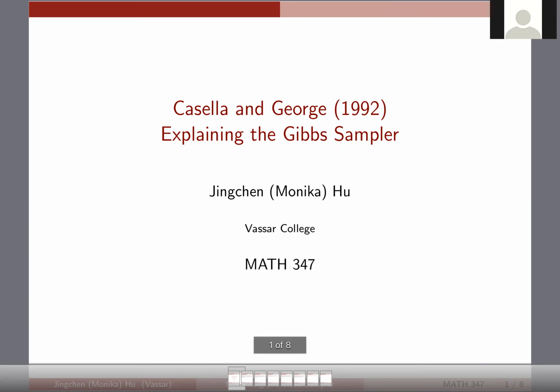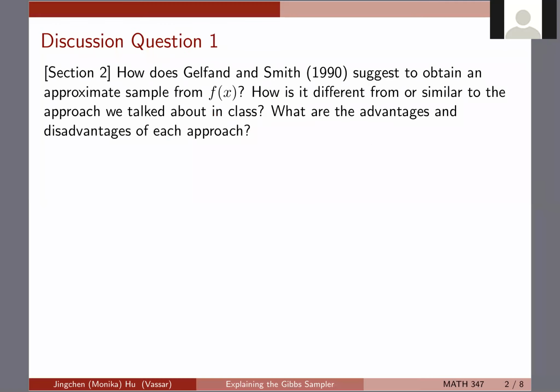But before I show the questions one by one, I would like to ask if anyone has some general ideas or general comments about this paper. Do you think it's hard to read? There are multiple sections, some easier, some harder.